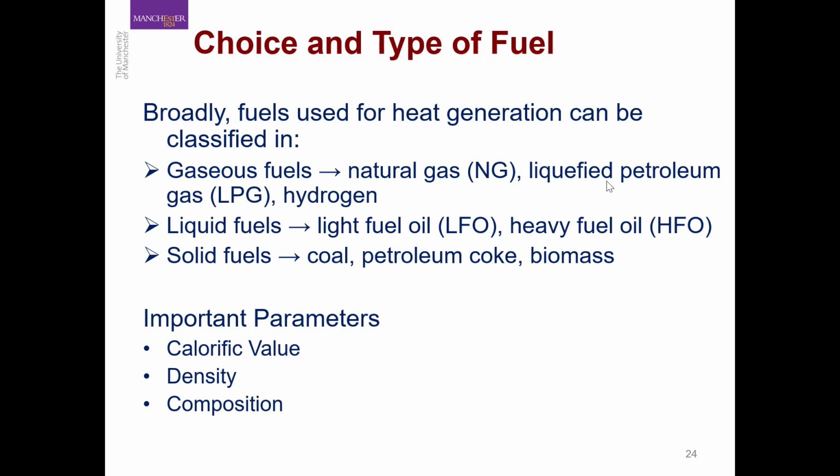Then we have liquefied petroleum gas, LPG, and now we have a new form of fuel that is still not very common, but is being considered in many different applications, that is hydrogen. We have liquid fuels, for example light fuel oil and heavy fuel oil, like gasolines and diesels. And then we have solid fuels like coal, petroleum coke, or biomass.